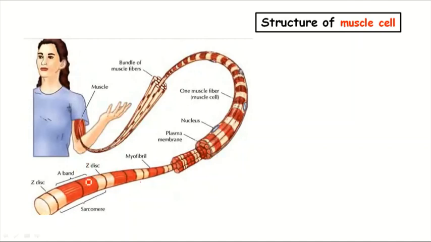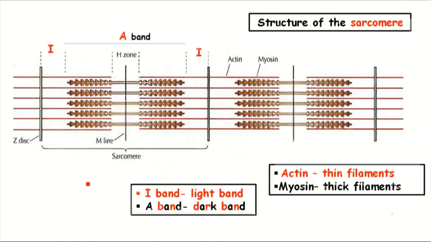And this sarcomere has two types of band, one is the dark band and one is the light band. See the details of the structure of the sarcomere. Here, this is the light band or I band, and this is the A band or dark band. Why is it a light band? Because this light band or I band is composed of thin filaments or actin, whereas this dark band or A band is composed of thick filaments or myosin.